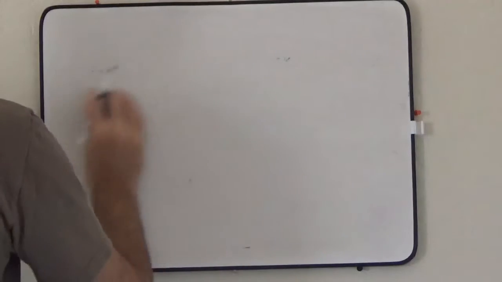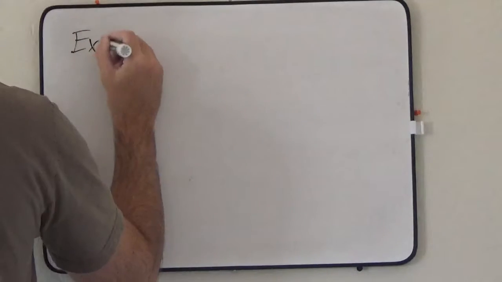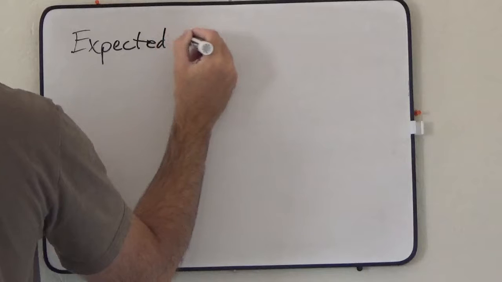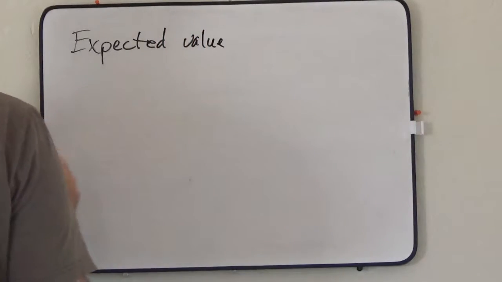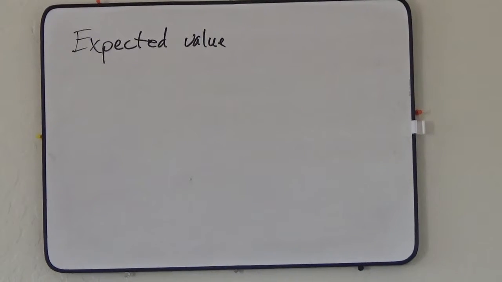Now there's one other thing I want to talk about. It's called expected value. Expected value is the value that you would expect to get within the information, okay? There's a formula for expected value. Just so you know the definition, it's the average or the mean of what we expect to get if the trials could continue indefinitely.